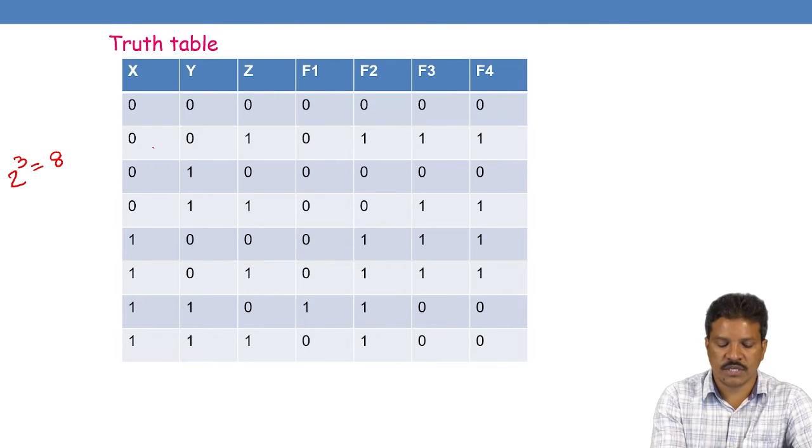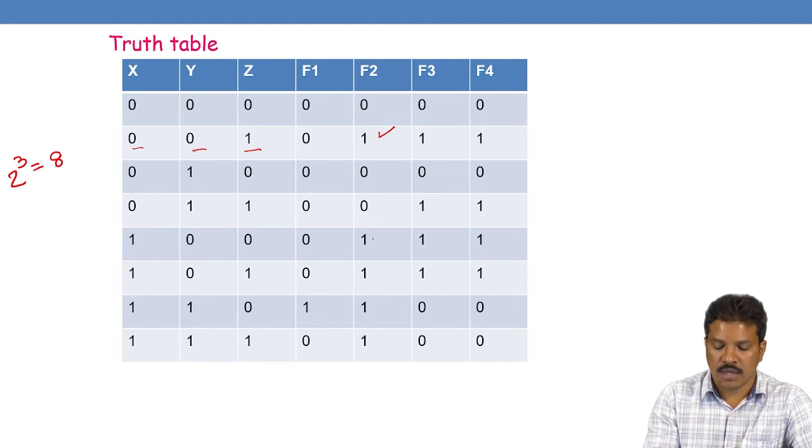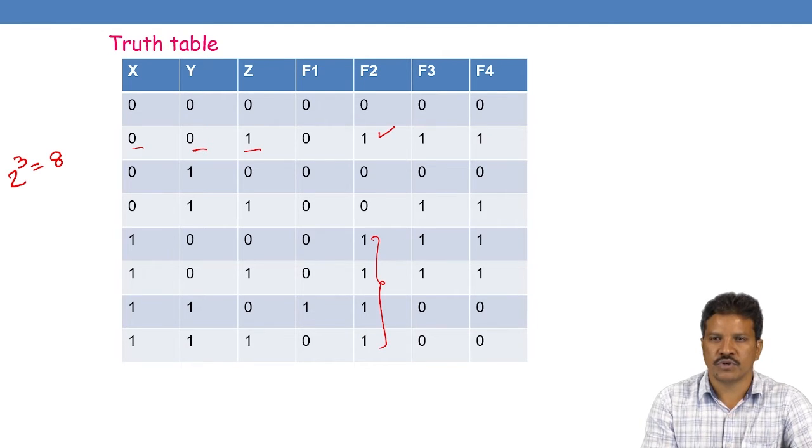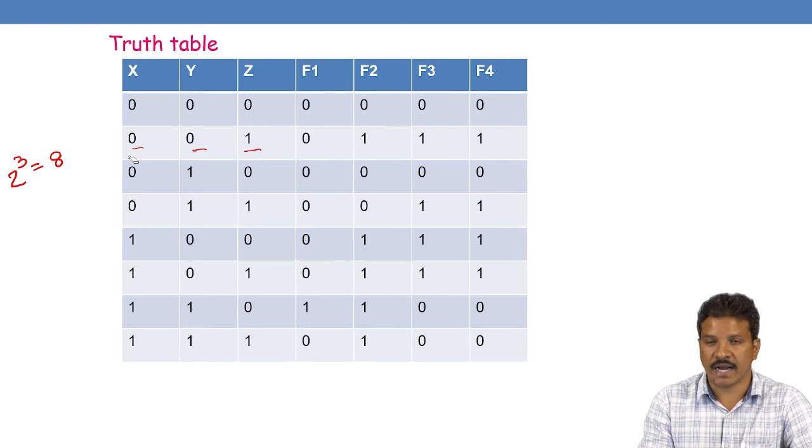One combination is 0, 0, 1: x is equal to 0, y is equal to 0 and z is equal to 1, and f2 is equal to 1. And there are 4 other combinations for which f2 shows output 1. Likewise, function 3 and function 4 give logic high for their corresponding combinations of input logics.